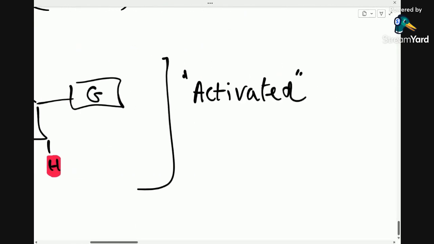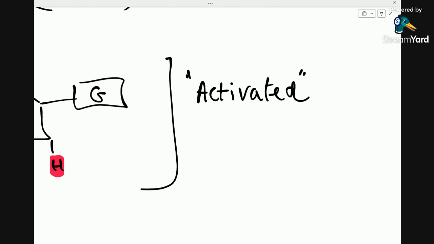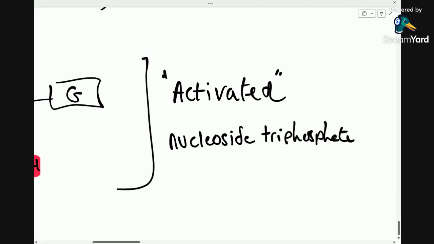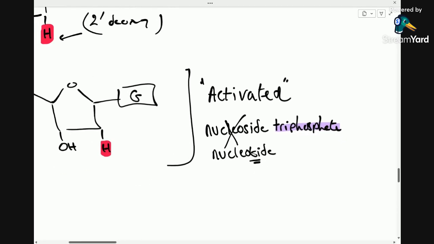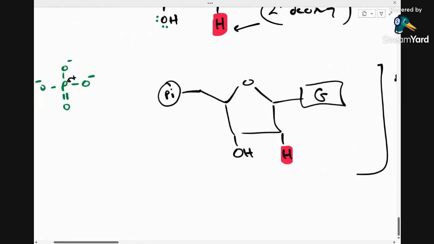It has to be a triphosphorylated nucleotide. So we call it a nucleoside triphosphate. Because we're naming the phosphate, we're saying that it's actually a nucleotide. So sometimes you'll see it written instead of nucleoside, we can absolutely still call it a nucleotide because it does have a phosphate, at least one of them there. So it's a nucleotide triphosphate.